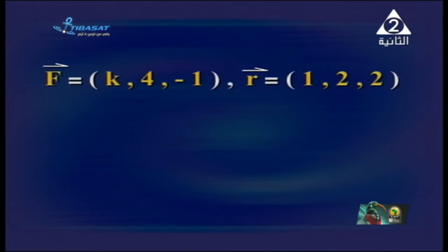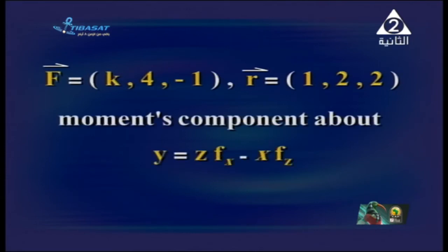We know the components of the force are k, 4, negative 1, and the position vector is (1, 2, 2). Then the moment component about y. Remember, my dear student, we have 3 moment components. About y, the rule is z Fx minus x Fz.